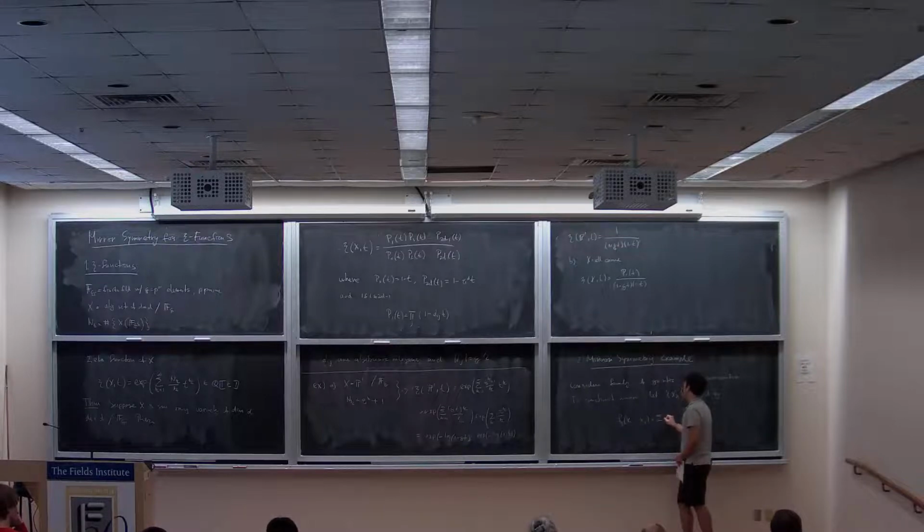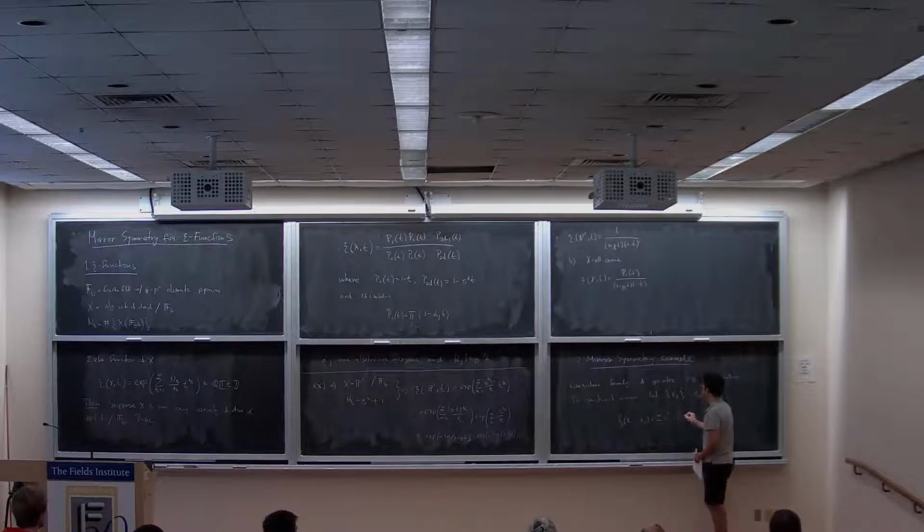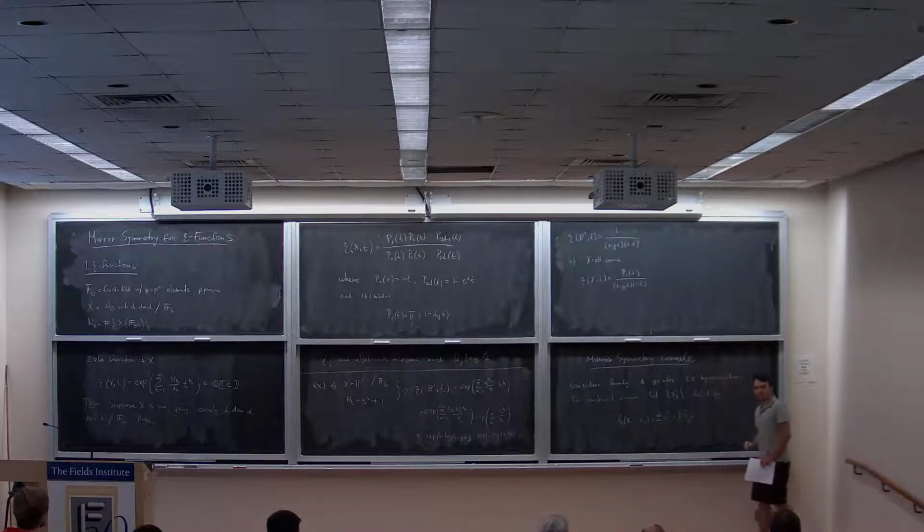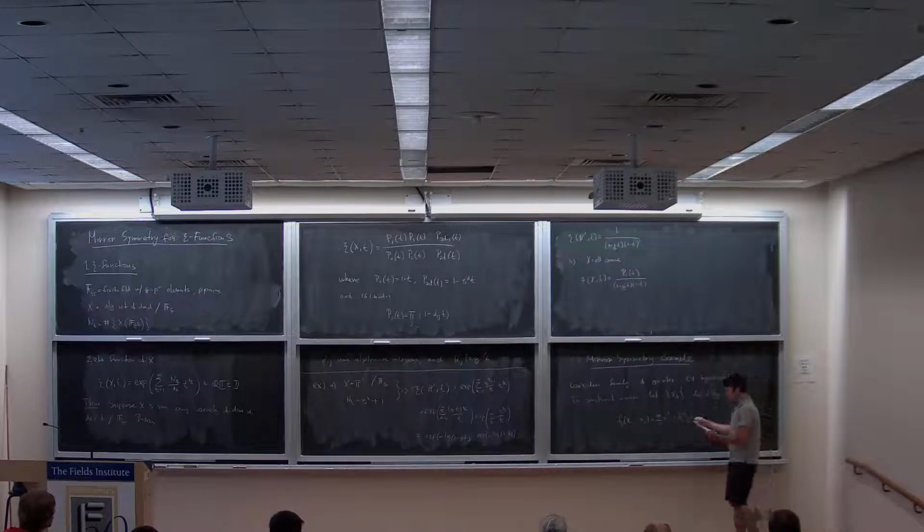So the sum of xi to the fifth, i goes from 0 to 4, plus lambda, the product from i goes from 0 to 4 of xi. So this is just the quintic threefold family from yesterday. So it's a one-parameter family.